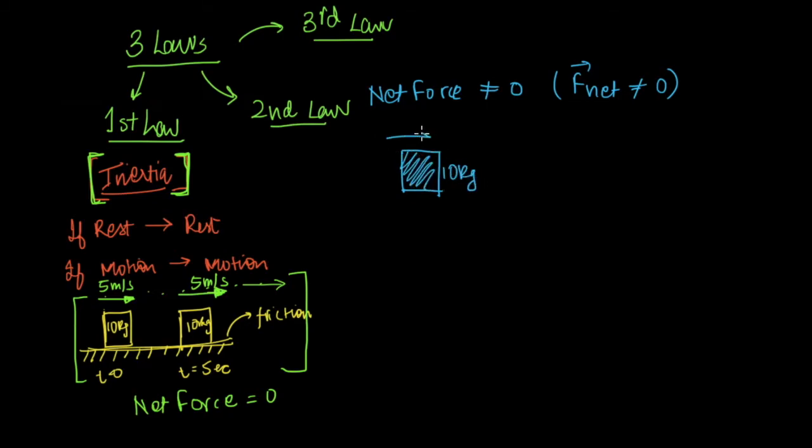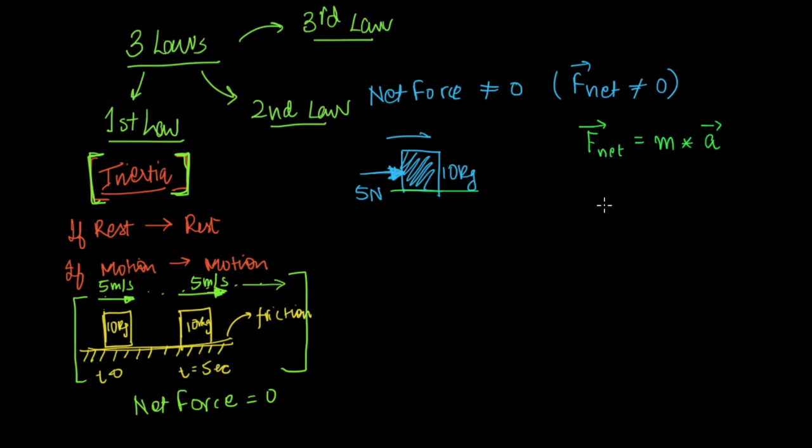We have a force acting in this direction, a force of say 5 newtons. Newtons is just a unit in which we measure force. So if this is a force that's being applied to this box in that direction, then Newton's second law states that the net force on the box would be equal to the mass of the box multiplied by the acceleration it develops due to that force.